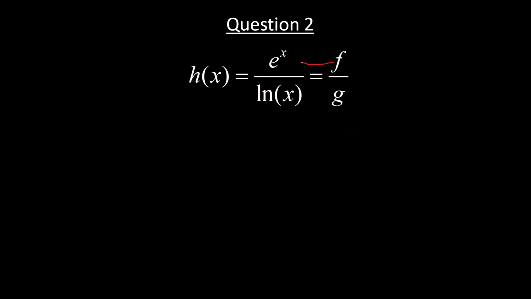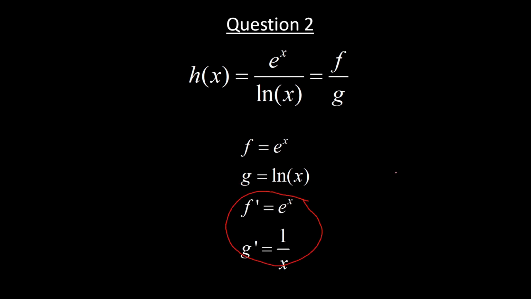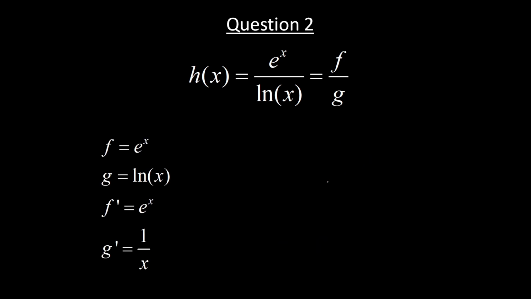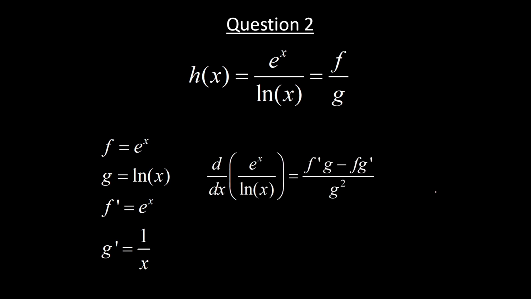And with the quotient rule, we identify the entire numerator as f and the entire denominator as g. And once we make those identifications, we take their derivatives. Now that we have all four pieces of that information, we can plug it into the quotient rule.